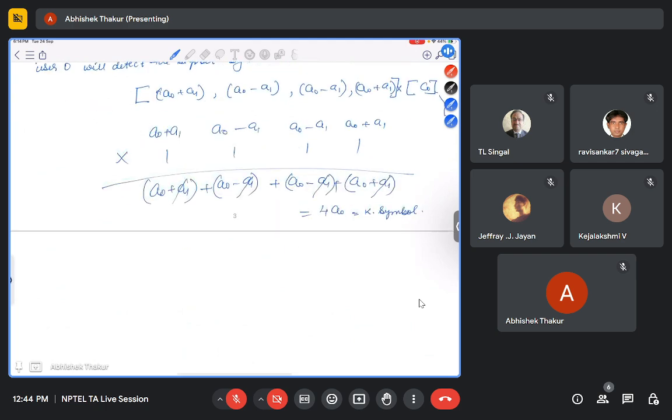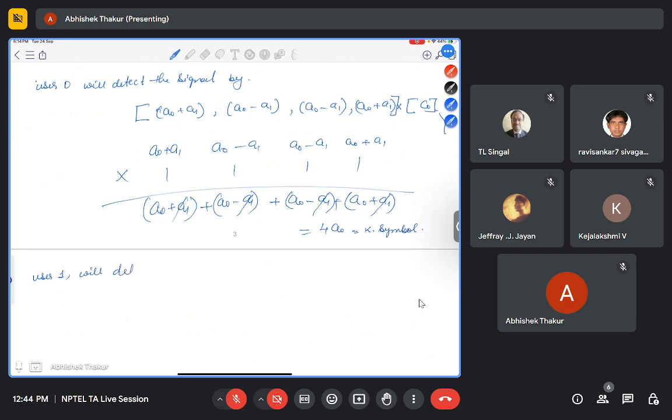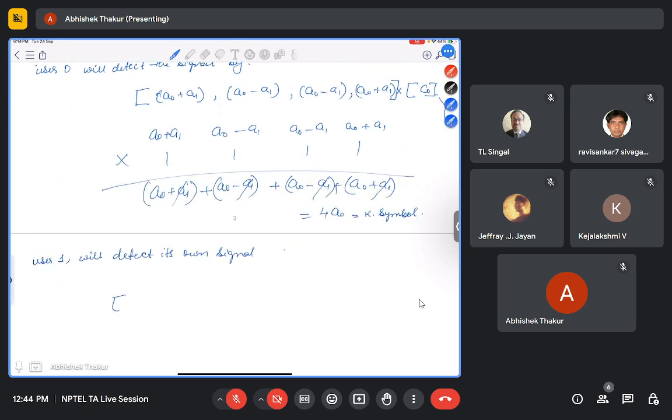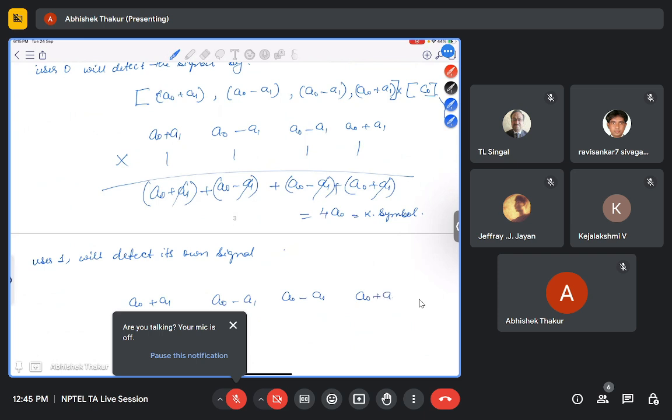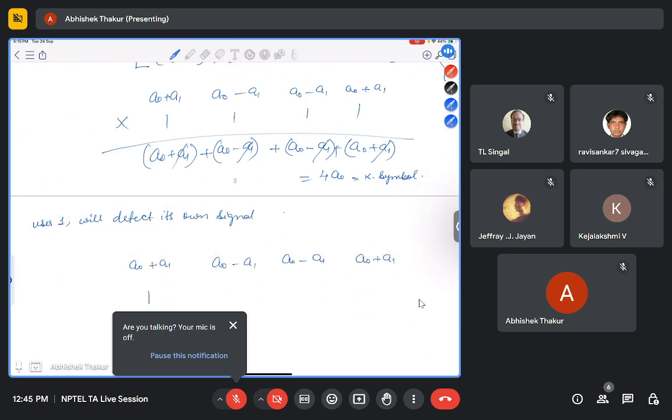Similarly, user 1 will detect its own signal, that is x multiplied with the code of user 1. The code of user 1 is 1, minus 1, minus 1, and 1.